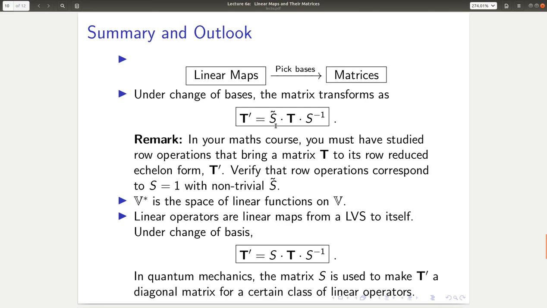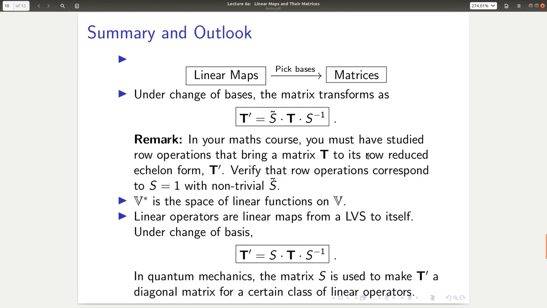You can go back, and this is an exercise for you, to verify that row operations correspond to having S equal to identity, no basis change in V, but having a non-trivial S tilde, and I believe S tilde will be lower triangular matrices. So here's an example of using basis change to do something nice. You have some random T given to you, you bring it to T prime in a particular standard form, and then you can read off the rank. And one more point is that under these changes, rank doesn't change. So the rank of T is the same as the rank of T prime.